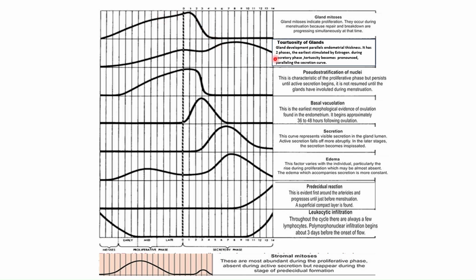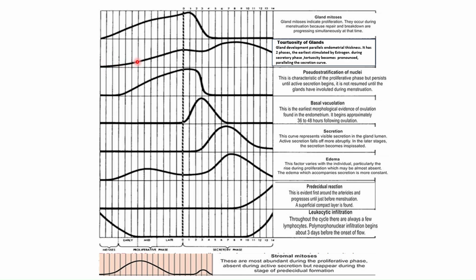Then second is stromal mitosis. Stromal mitoses are most abundant during the proliferative phase, absent during the active secretory phase, and reappear during the stage of pre-decidual formation.